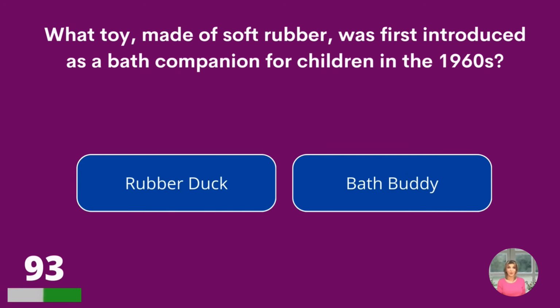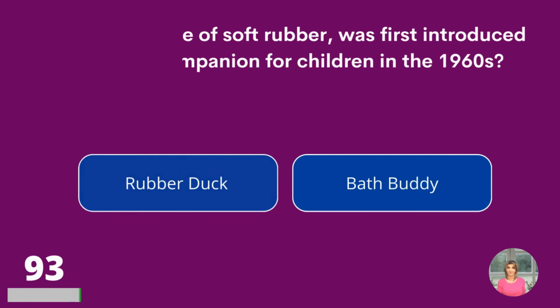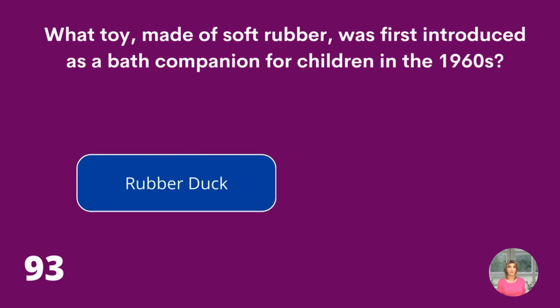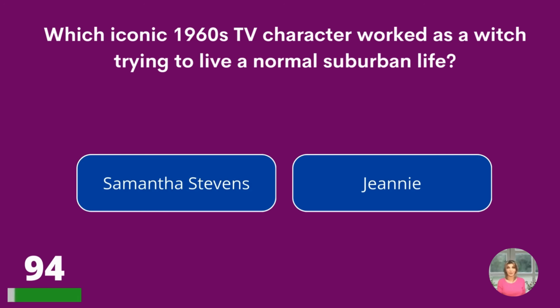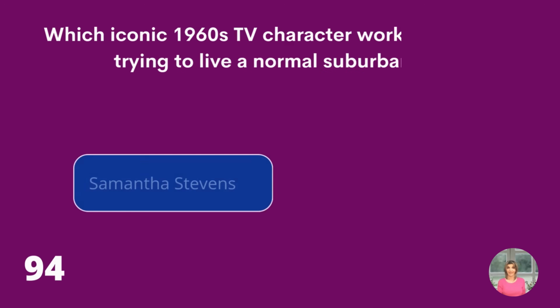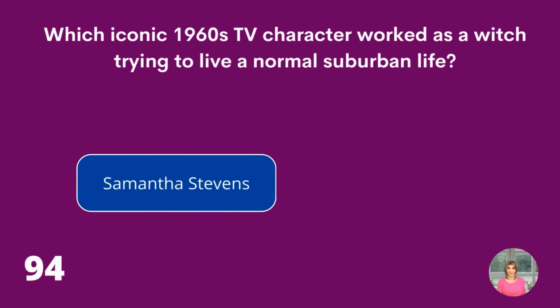The rubber duck or the bath buddy? The rubber duck. What iconic 60s TV character worked as a witch trying to live a normal suburban life? Samantha Stevens or Jeannie? Samantha Stevens.